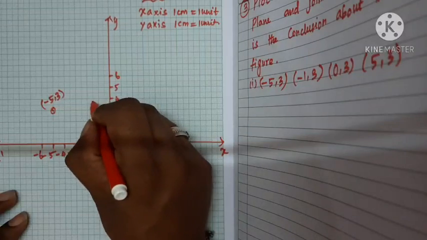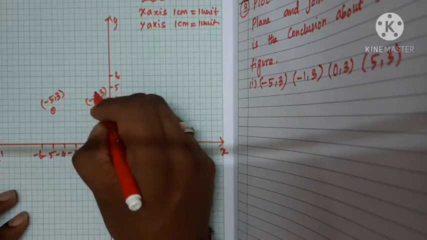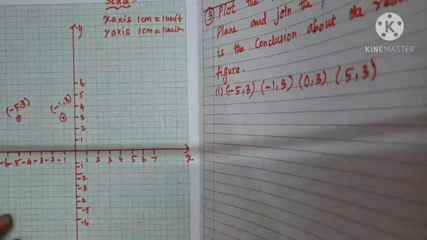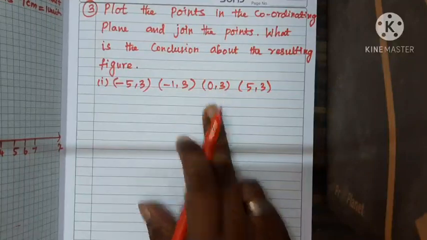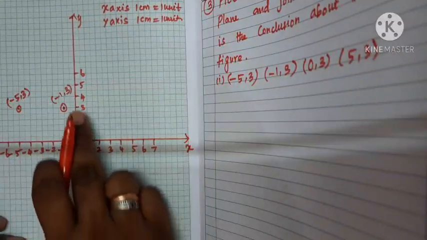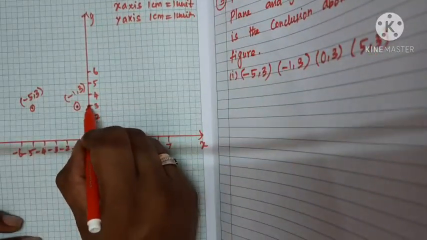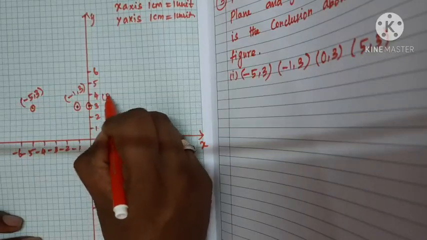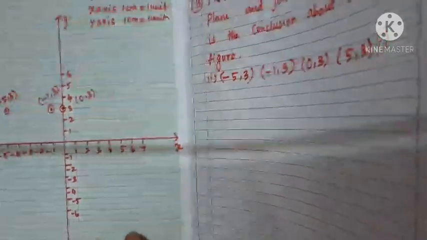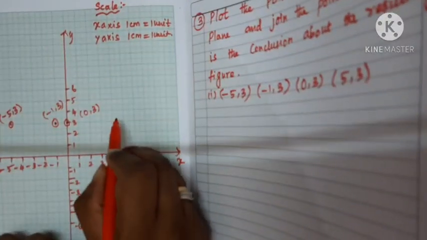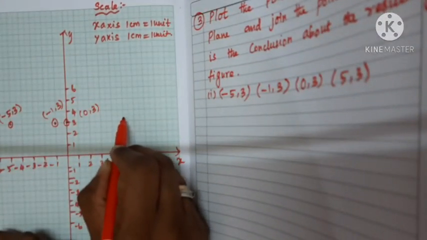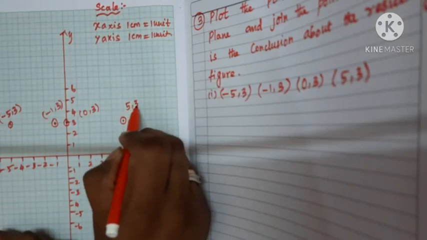And the next point is 0 comma 3. X is 0, y is 3. And the next point is 5 comma 3. X is 5, y is 3.